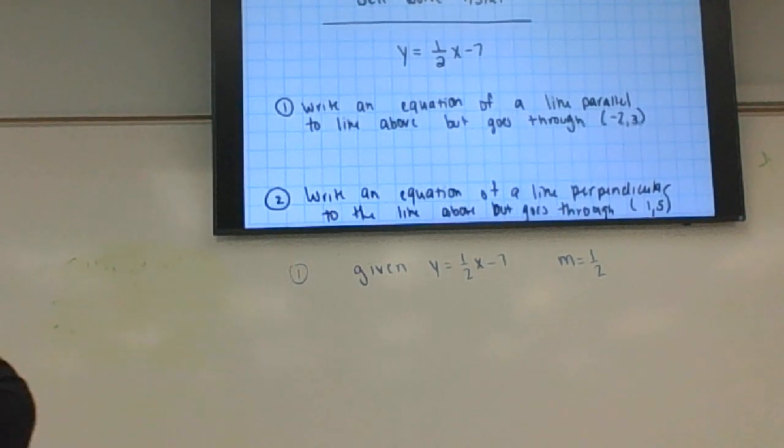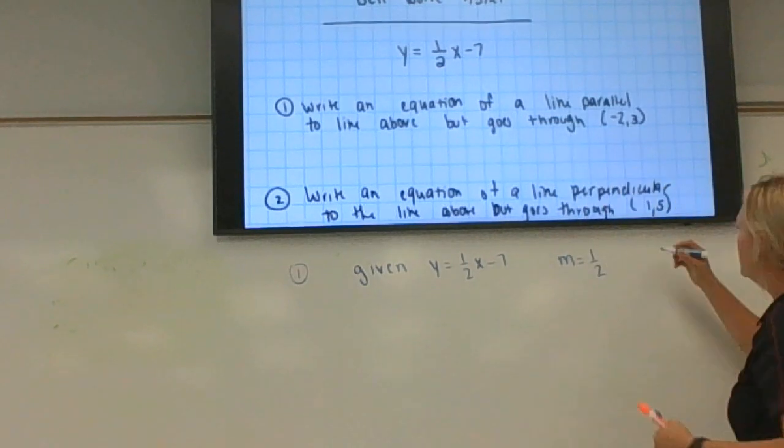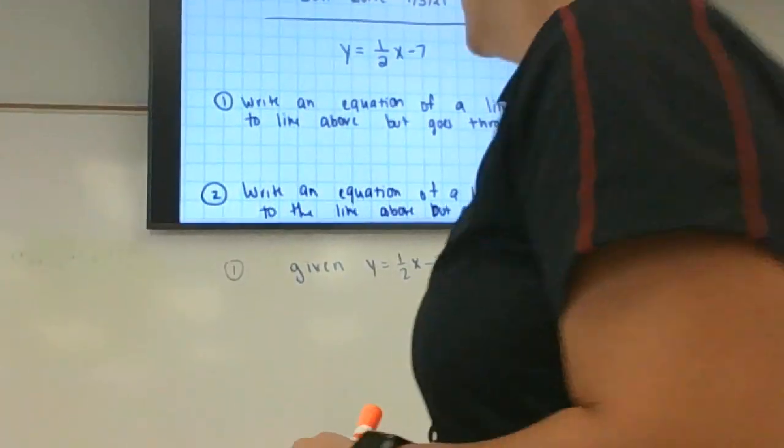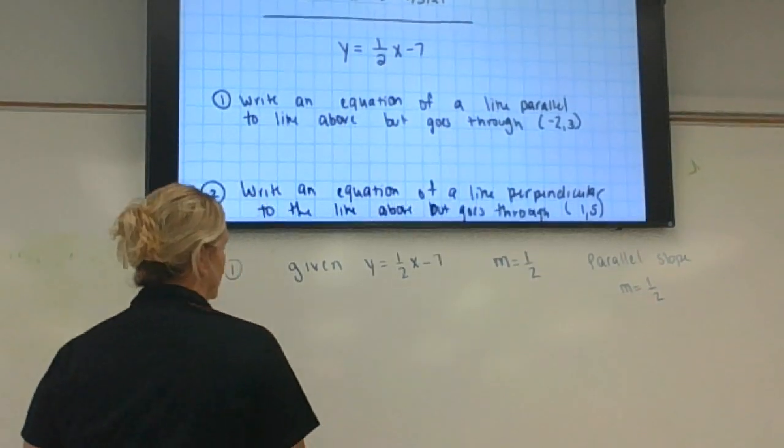Alright, so given this line, that means we have this slope. So our line has to be parallel. So our parallel slope will also be 1/2 because parallel lines have the same slope. So we're going to use slope 1/2. We want to be parallel now, we need that.